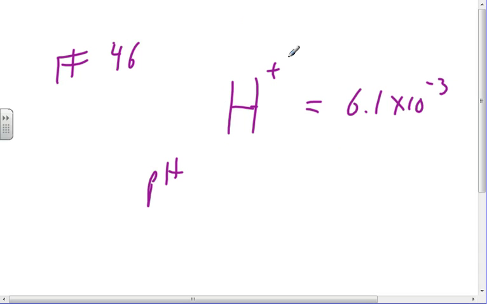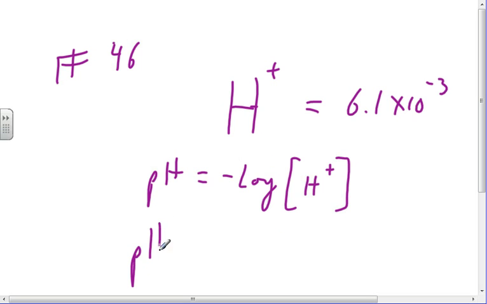The hydronium ion concentration, 6.1. Okay, so pH is equal to minus the log of the hydronium ion concentration. So pH is minus log of 6.1 times 10 to the minus 3.